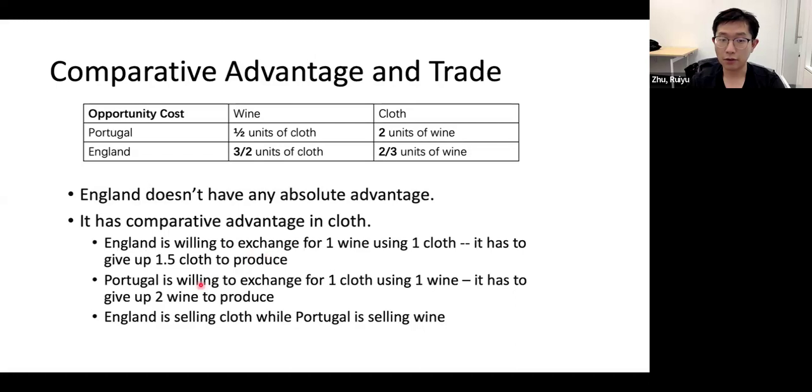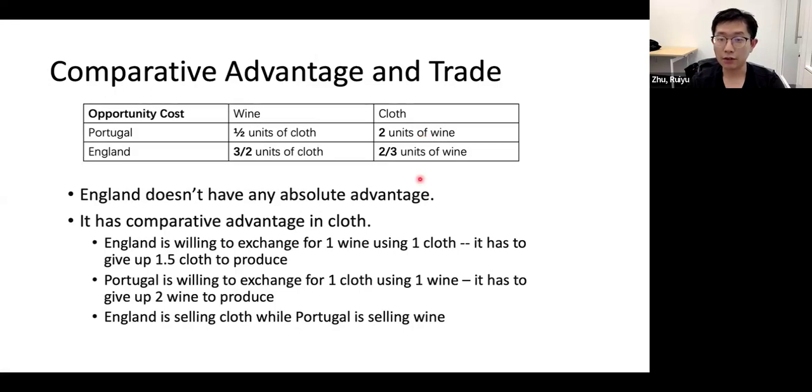Similar for Portugal, they are also willing to get one cloth from England at the cost of one Y, because if Portugal produces that one unit of cloth by itself, the opportunity cost is 2 units of Y, so it has to give up 2 units of Y to get 1 unit of cloth by producing.